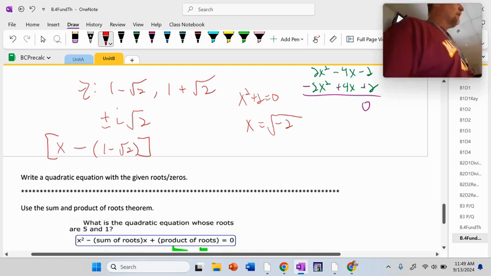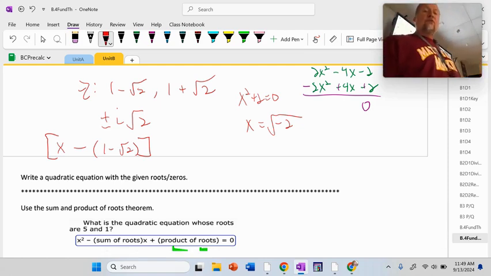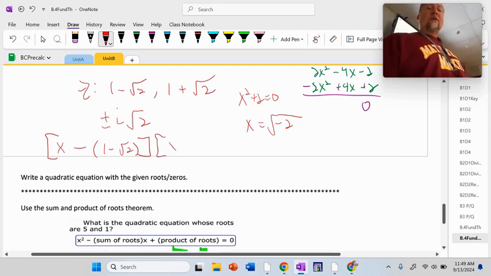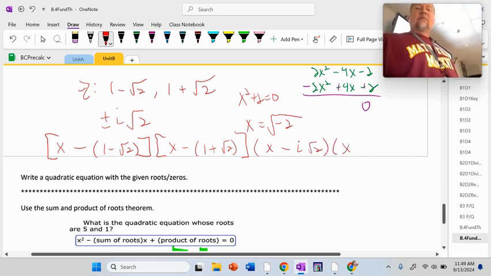It's always x minus the zero, whatever the zero is. You know this in simplistic forms. These are just more complicated. x minus 1 plus root 2. Then, of course, you can distribute the minus sign and write this a little bit cleaner. It doesn't matter. And then this one's just parentheses because it's just x minus i root 2, and then x plus i root 2, for x minus a negative i root 2.